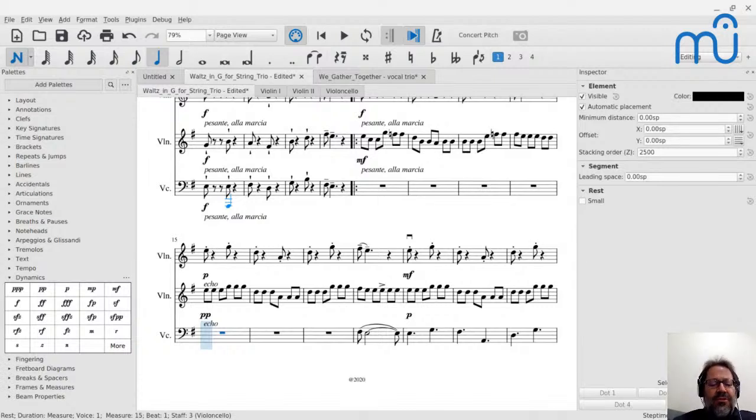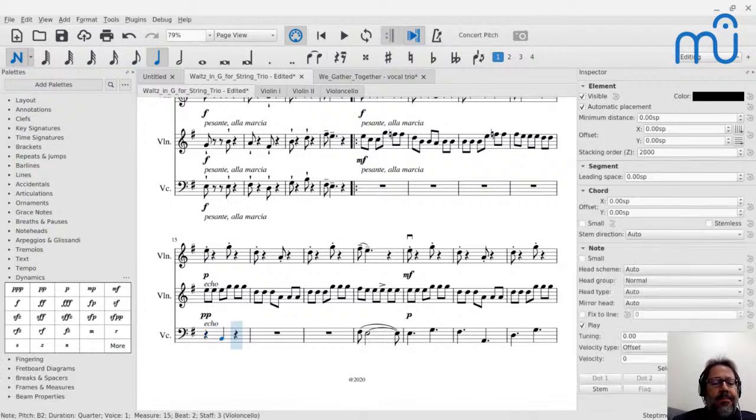And so what I'm going to do is start with a rest, because why not? I'm going to start with a quarter rest because I just feel like it. And then I'm going to bring in a note. And maybe, I don't know, I'm just writing some stuff. Pay no attention to what my notes are.